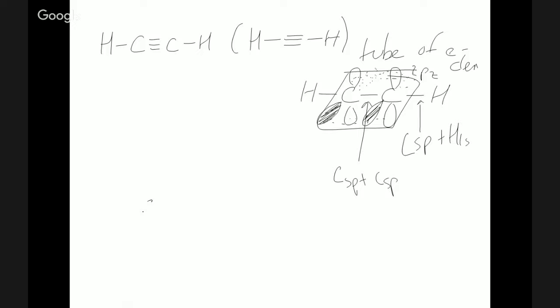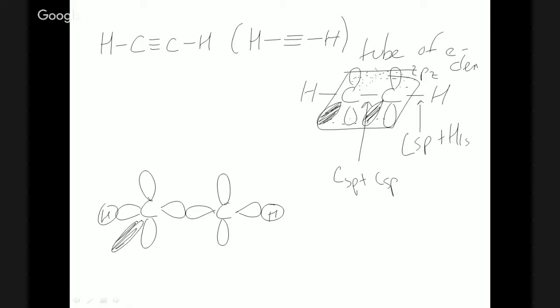Let's look at the orbital picture. There's our carbon sp with H1s, carbon sp with H1s. What do we have left over? P, P, similar picture as above.